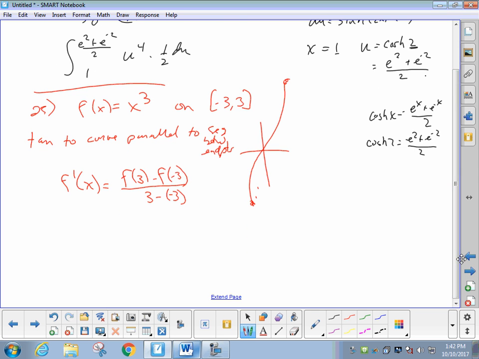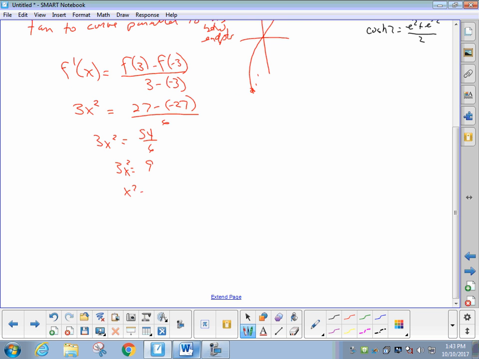Then you say 3x squared is something like 27 minus negative 27 over 6. X squared needs to equal 3, which means that could happen at plus or minus root 3.